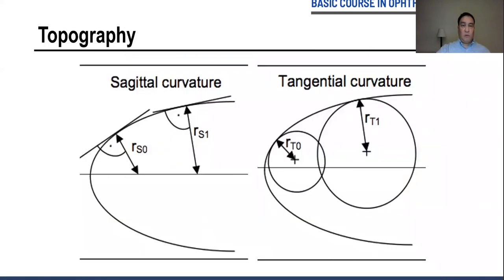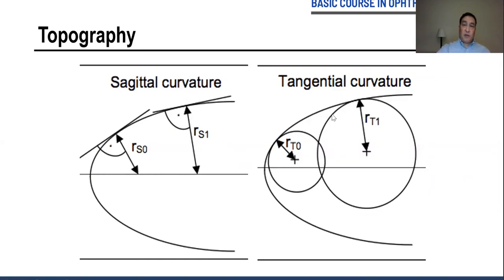When you assess this, a sagittal image on your topography uses a central reference for the entire eye. Everything is measured against a central reference, so sagittal or axial curvature gives you a good sense of the overall power of the cornea, but it's very weak in picking up fine details on the surface.